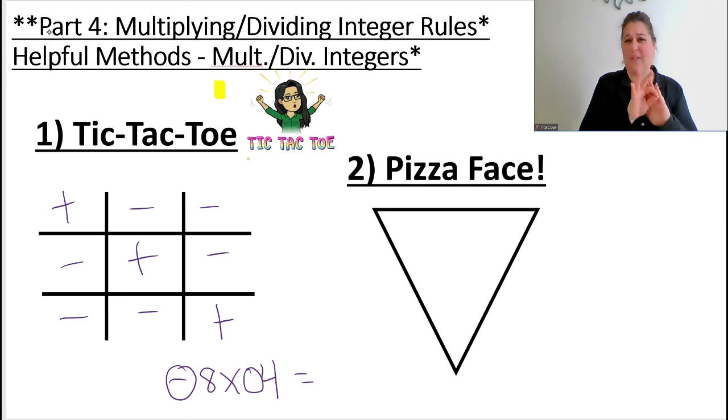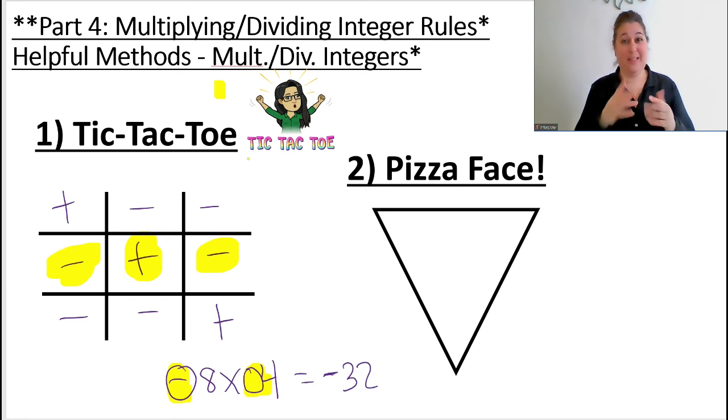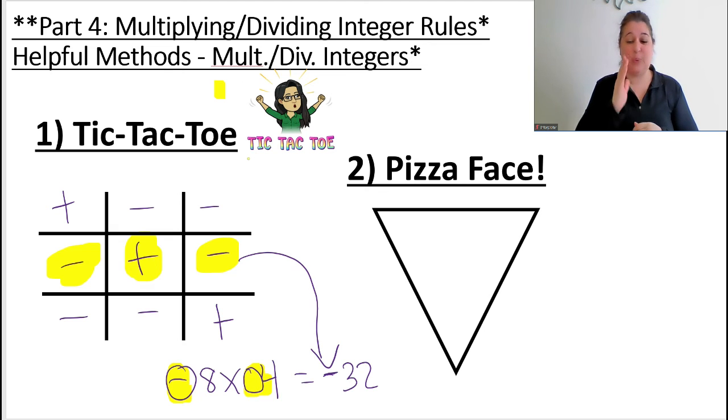So let me show you how to use a tic-tac-toe to help you with this. They're different signs. So it's a negative to represent this negative times a positive to represent this +4. So that means our answer is negative. Remember what we said? Different signs make a negative. So negative. 4 times 8 is 32. So that proves that it's a negative.